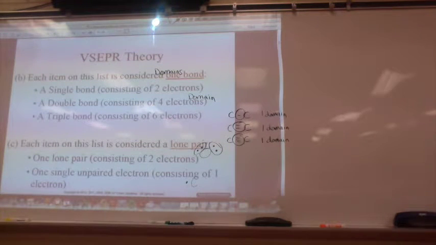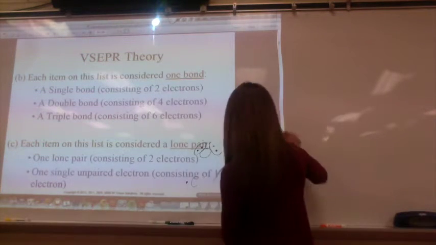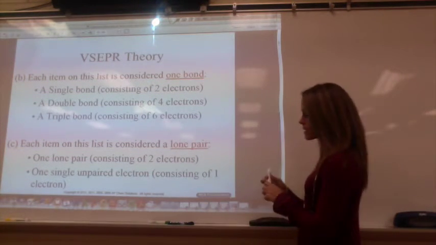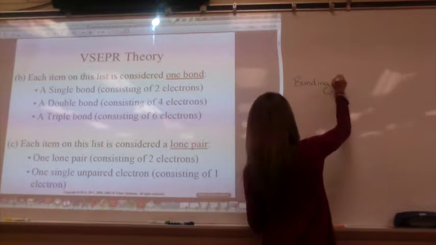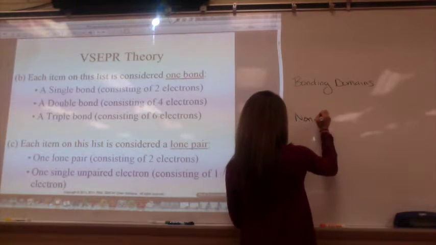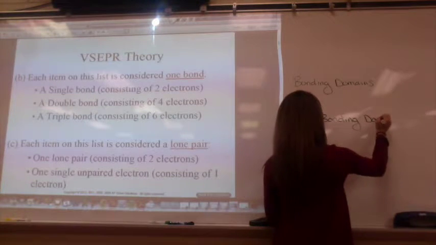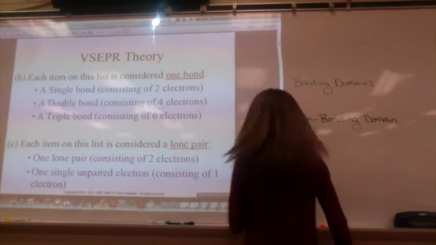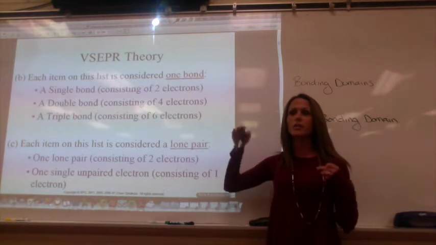All right, each of these is considered to be one bond. So we're going to count bonding domains and non-bonding domains. Those are going to be separate, so you have to be able to identify both. A bonding domain is literally anything that's bonded. It could be a single bond, a double bond, or a triple bond, and it counts as a bonding domain.